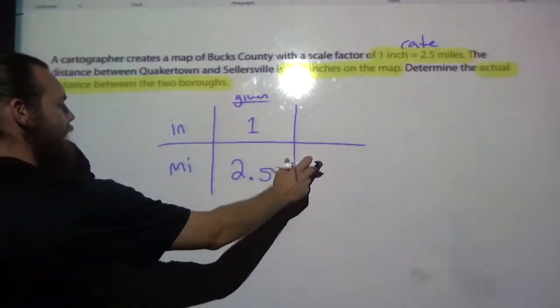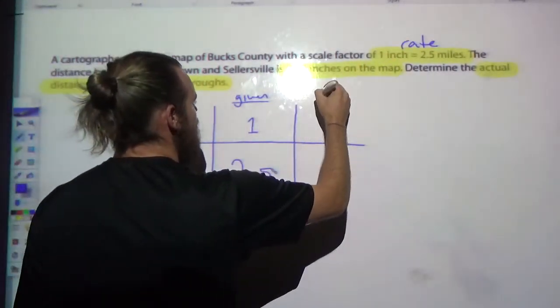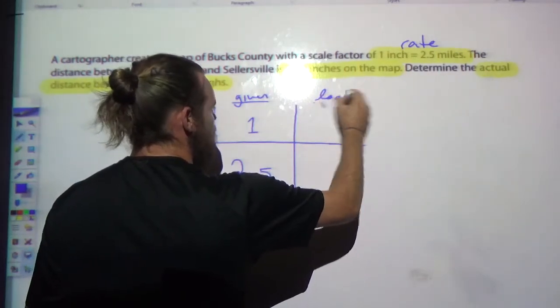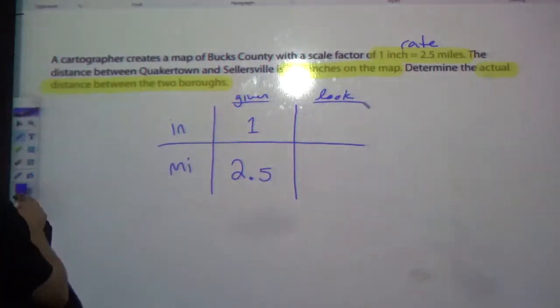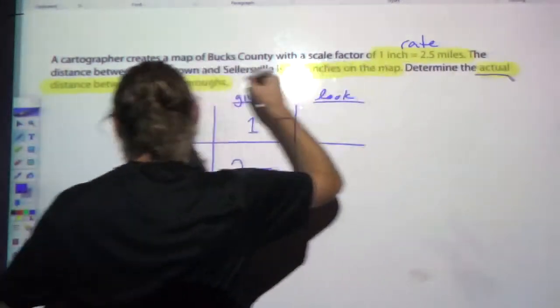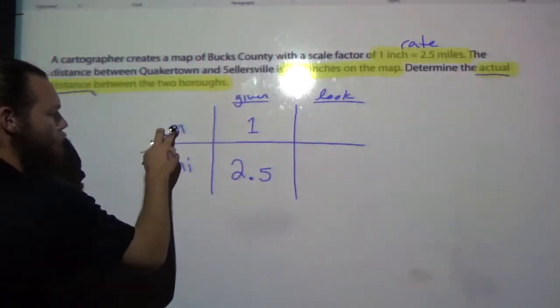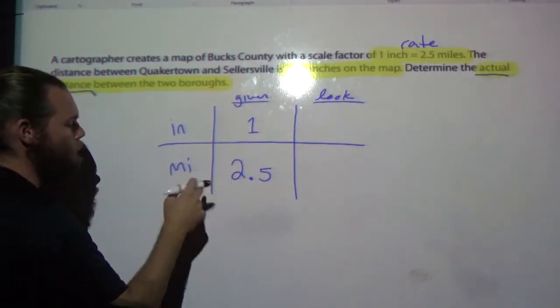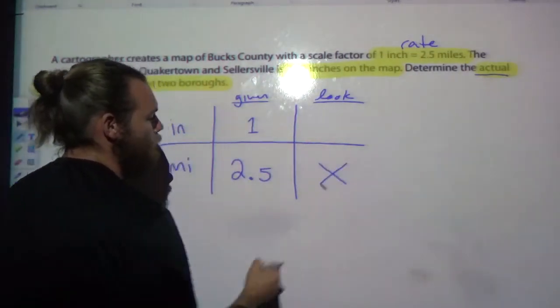In this last column, it's what you're looking for. In this case, they ask us to find the actual distance. So which one of those refers to our actual distance? That would be the miles. So we're putting something there.